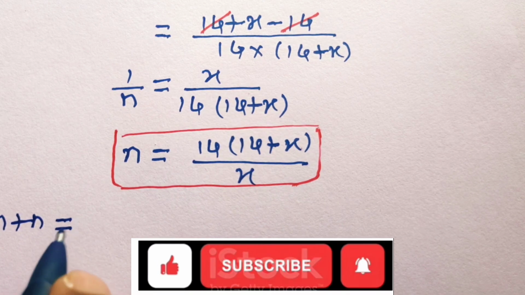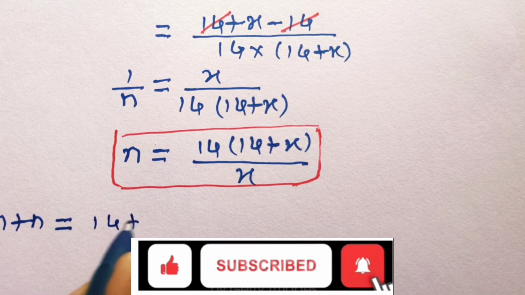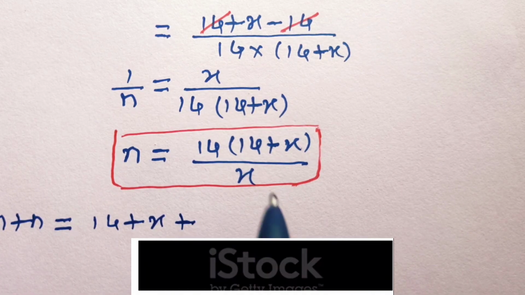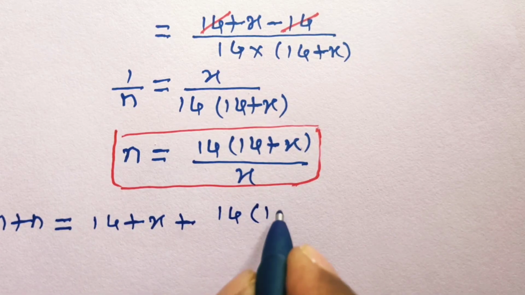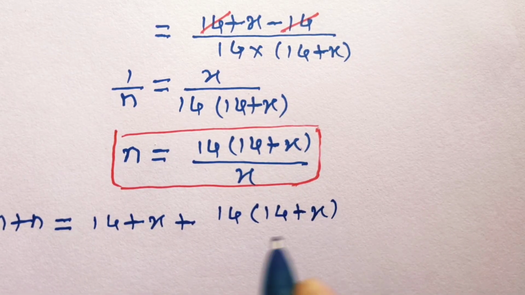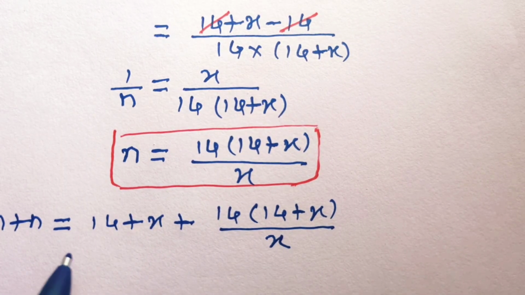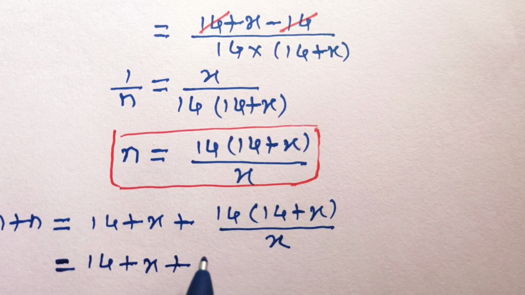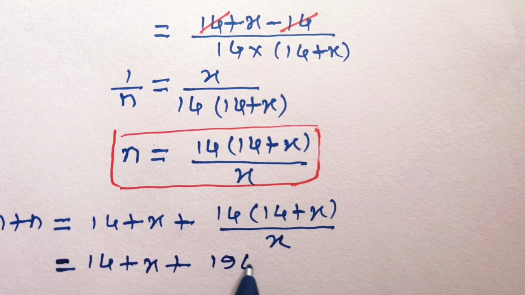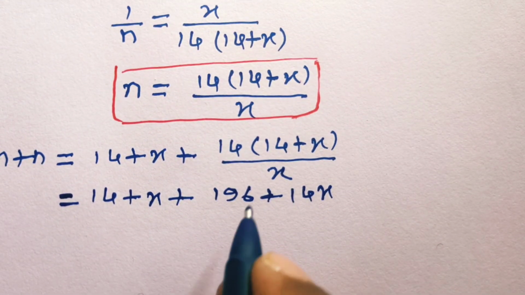Here m is our assumption 14 plus x, and n is this value which is obtained, 14 into 14 plus x divided by x. Let us simplify this part. So this is equal to 14 plus x plus 14 into 14, that is 196, plus 14 into x, 14x, divided by x.